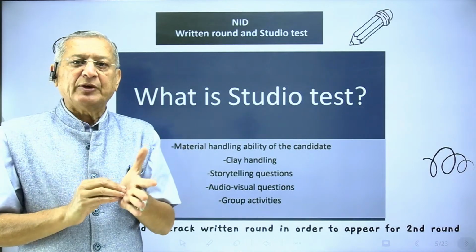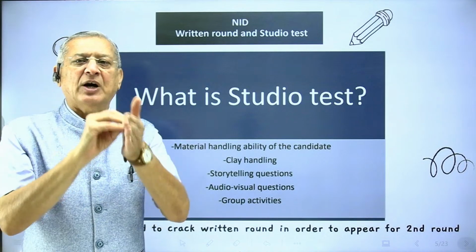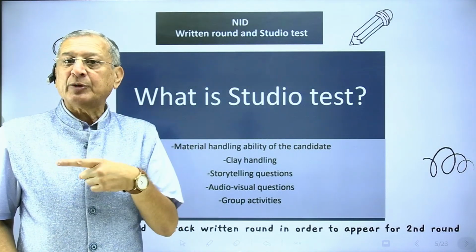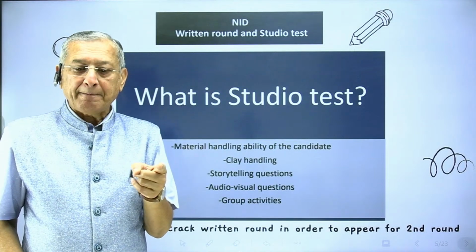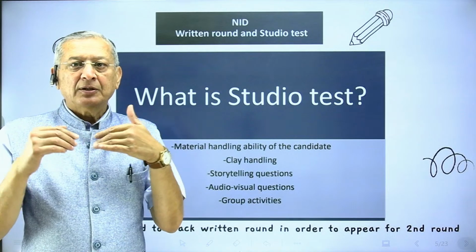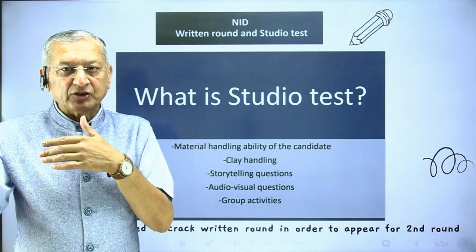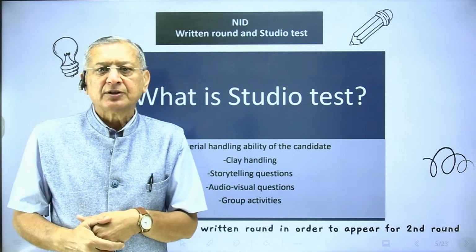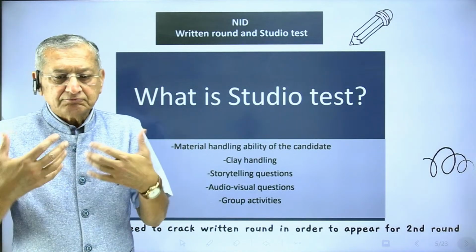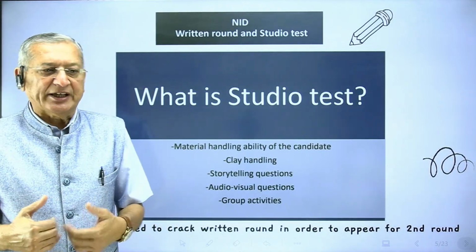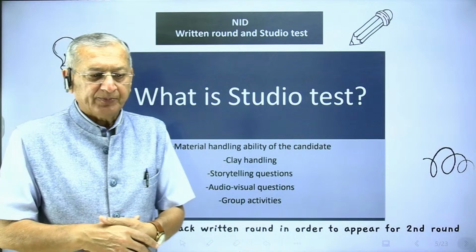Then it will be valued at 28 marks, being 40% of 70 marks. And later in the studio test, you have to score the 60% numbers to be taken into NID or to be in the rank.